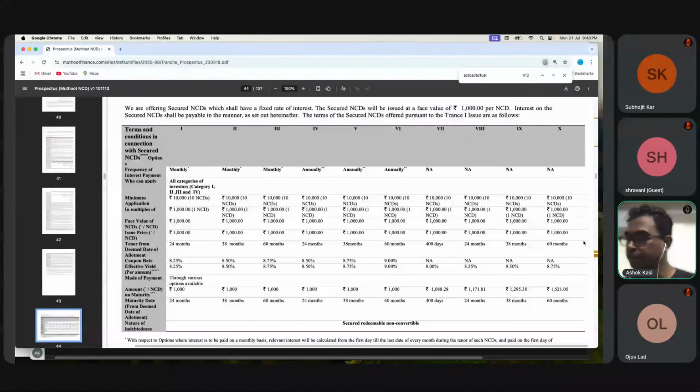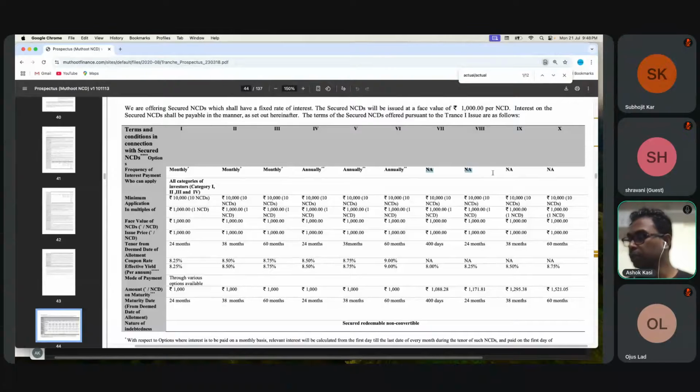So see here, these are all various types of bonds they are issuing. Monthly, this is annually. So they are giving all varieties. Monthly being paid. Now we are seeing semi-annually paid bond. Annually. Now what is this?